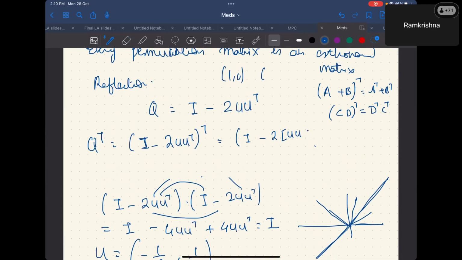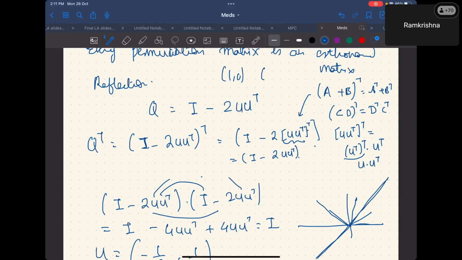I am looking at u u transpose, the transpose of this. So here I am using the first property. Now the second property: the transpose of u u transpose will be the second term transpose multiplied by the first term transpose. I'm taking a transpose of a matrix and taking a transpose again, so I'm left with again u u transpose. So this guy inside will simply be I minus 2u u transpose, as it was always.